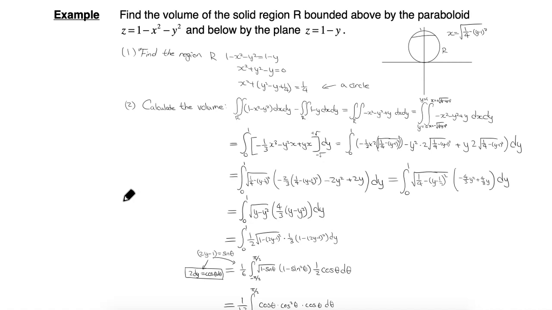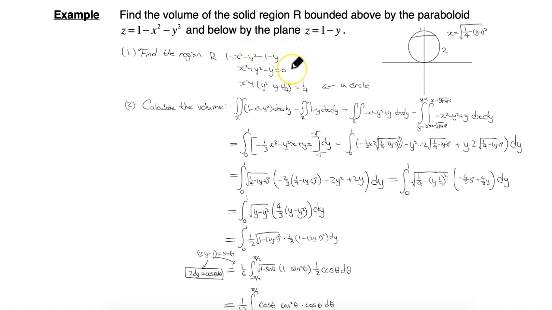So first we need to find the region R in the domain. This is basically what we're going to use for defining the limits of our integration. In order to do that, we need to find where these two surfaces intersect. So we set one equal to the other. We get 1 minus x squared minus y squared equals 1 minus y.